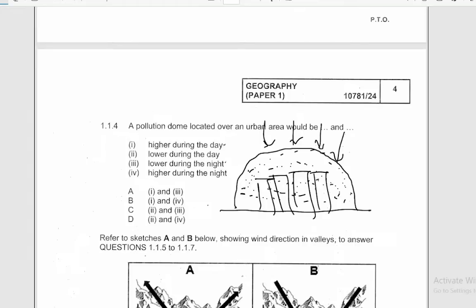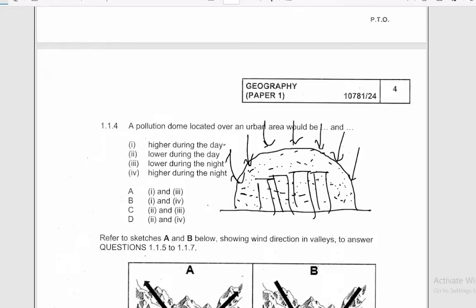And that is where the effects of the pollution dome are felt, because of the concentration of the pollutants, which are being forced downwards by strong descending air during the night. So during the day it is elevated, high up there, the pollutants are displaced vertically and are in the upper atmosphere. At night, the pollutants are concentrated because of the sinking air, which is forcing the pollutants further down.